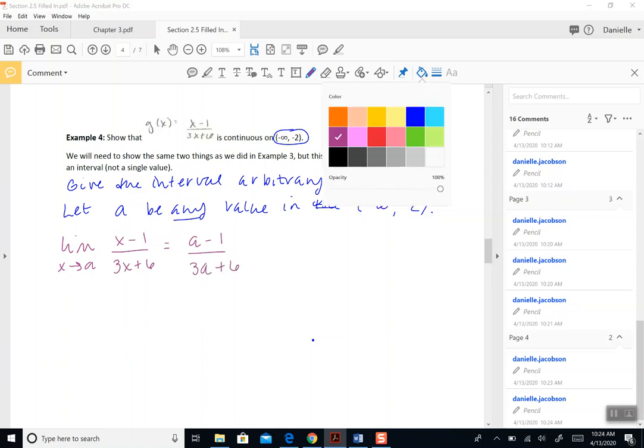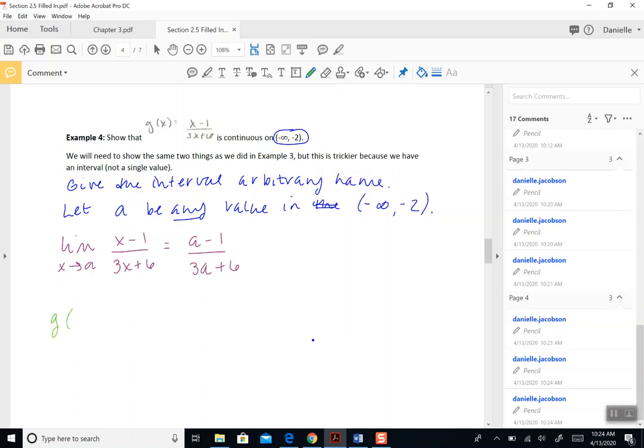Okay, next we need to check our function value and make sure that it matches the limit. So I'm going to take g of A. You can see if I run that through my function above, I get A minus 1 over 3 times A plus 6. All right, now we see that our function value is equivalent to the limit.